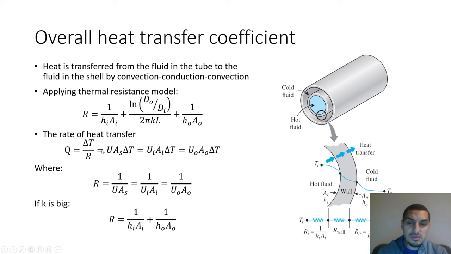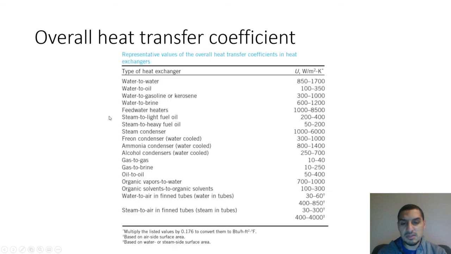We use what is called the overall heat transfer coefficient to describe the summation of the heat transfer in the shell and in the tubes. Usually we ignore the conduction term because the thermal conductivity of the tube material is high, so we don't consider it a big resistance compared to these two resistances.